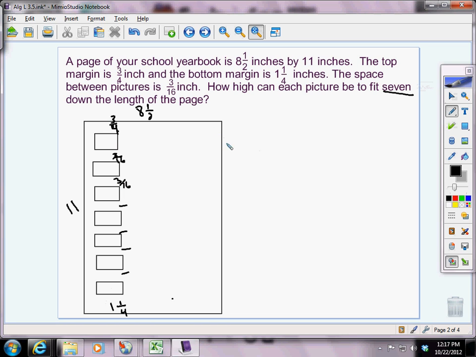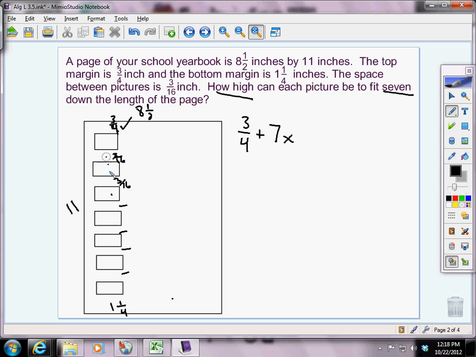If we wanted to set up an equation, we know our margin is going to be 3/4, that takes care of this. And then we're going to have how many pictures? 1, 2, 3, 4, 5, 6, 7. It tells us 7. So we're going to add 7, but we don't know how high they are, so we'll call that x. Then we're going to have the space between each picture. This one can be a little bit tricky because you're going to ask yourself, how many spaces are there?